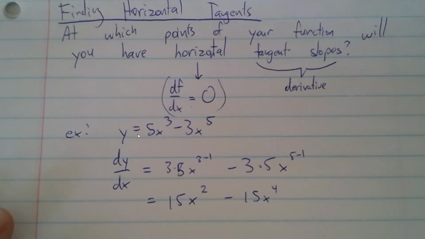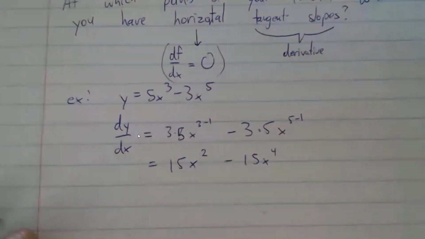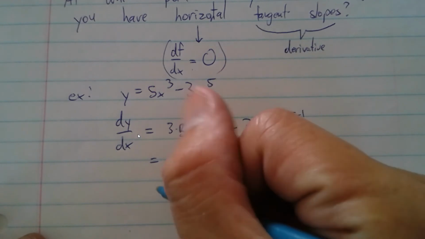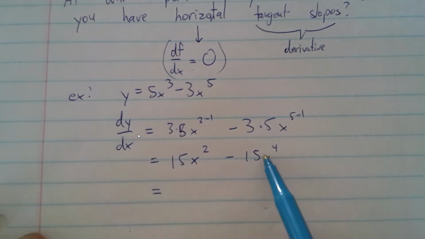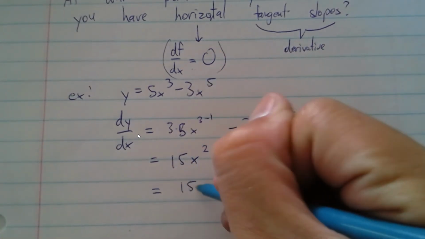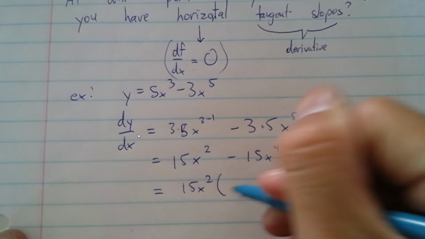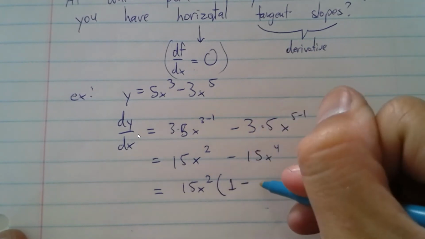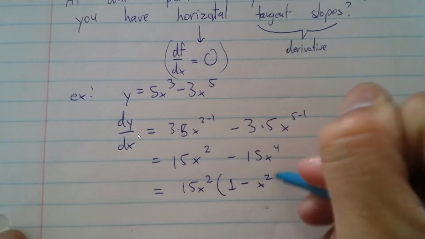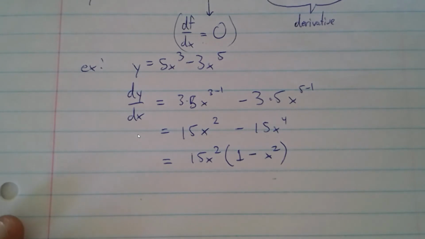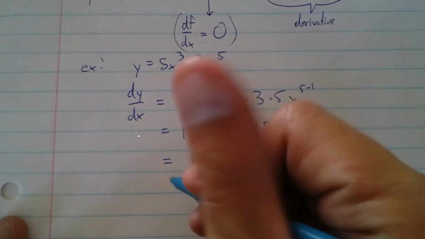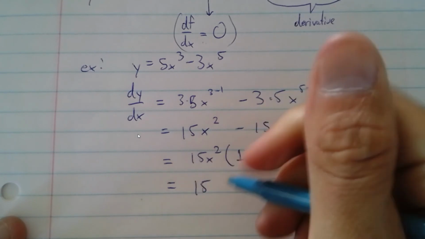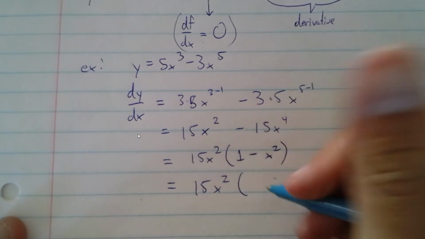Okay. I'm going to do a weird thing, and I'm going to factor out that both of these have 15x squared in them. So it's going to be 15x squared times 1 minus x squared. Okay. I'm going to rewrite this in a weird way. It's 15x squared. You're going to see why.